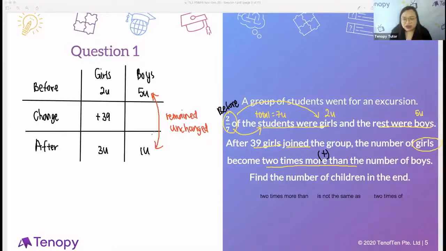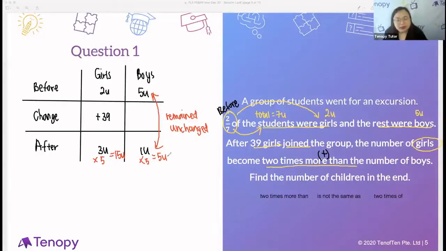So 5 units and 1 unit, to make them the same, all of them have to multiply by 5, in order for the girls to become 15 units and the boys 5 units. I want the boys to remain the same because there is no change to the boys. The units must be the same.